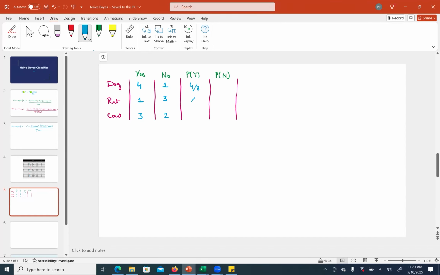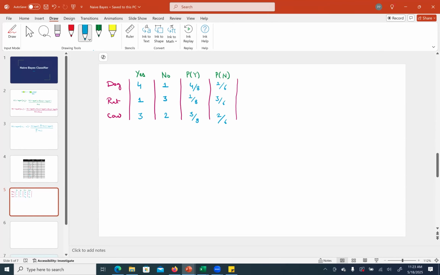For yes, what percentage of animals are rat? For yes, what percentage of animals are cow? Same goes for no as well. I have total 6 no's. So for no, what percentage are dog? What percentage are rats? And what percentage are cow.